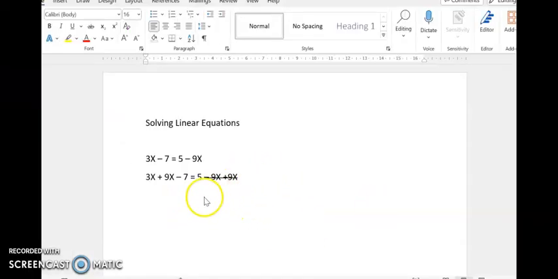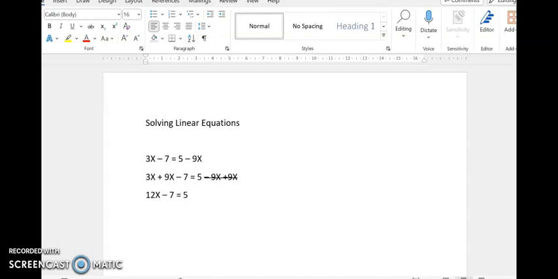Okay, so if we cross them out, that leaves us with, okay, so I've crossed out the minus 9x plus 9x because that washes out. Minus 9x plus 9x, there's nothing left. But on this side of the equation, we've got 3x plus 9x. Add those two together, that gives us 12x. And then we have minus 7 equals 5.